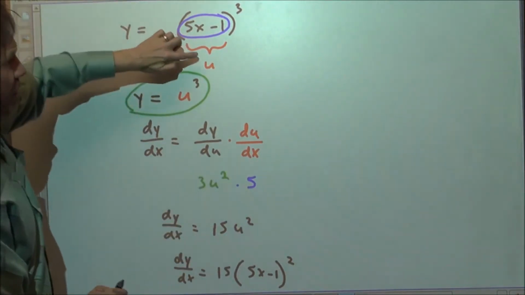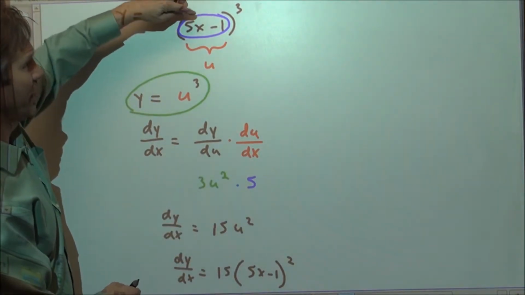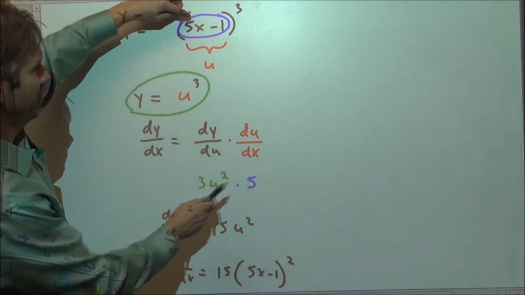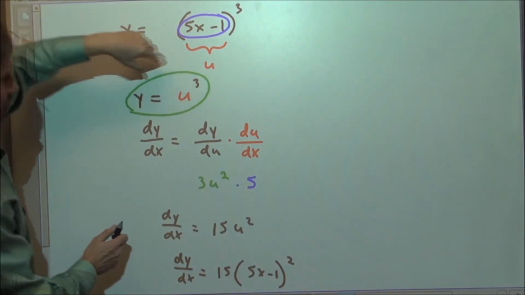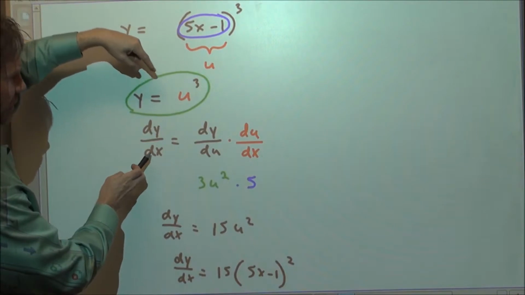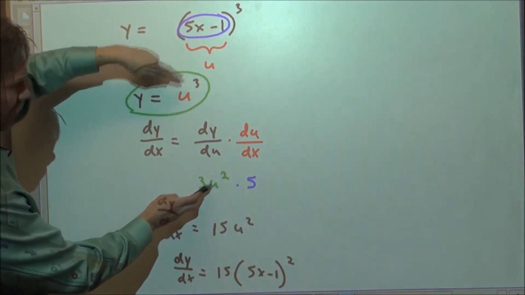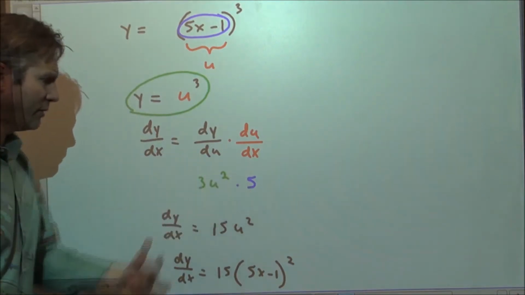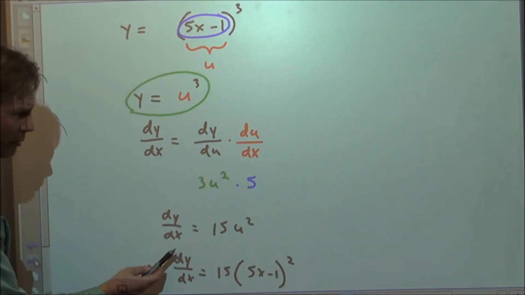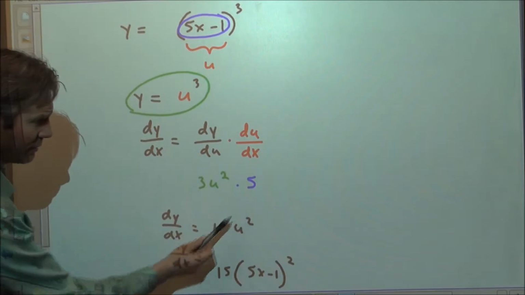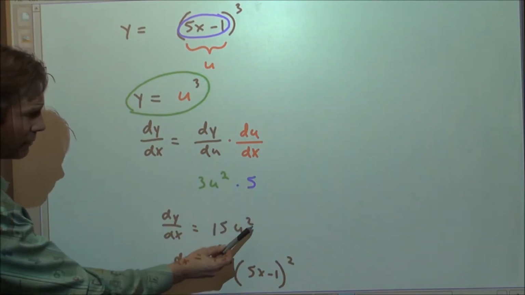So the derivative of u with respect to x, well, 5x minus 1, that derivative is just 5. And then in green here, if we take the derivative of y with respect to u, it's going to be 3u squared. So we multiply these two things together. Derivative of y with respect to x is 3 times 5, or 15, times u squared.